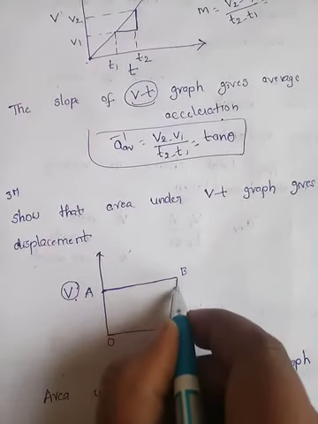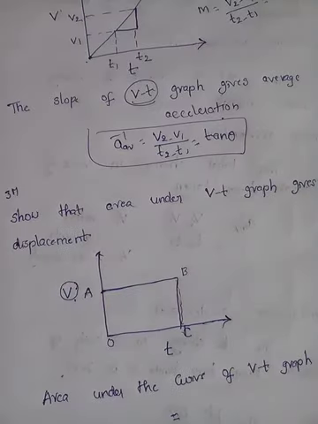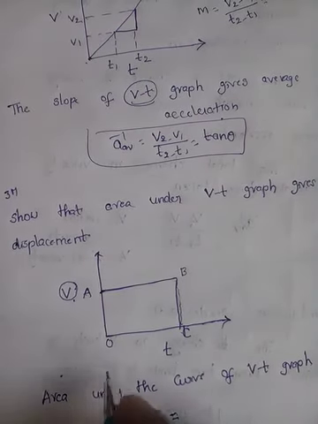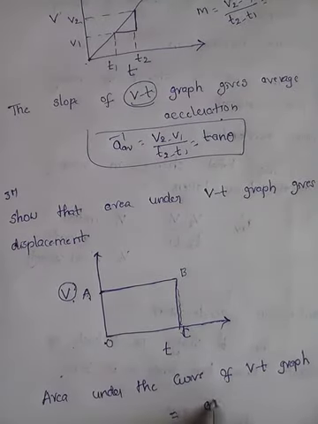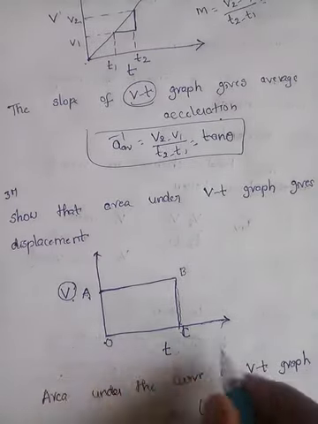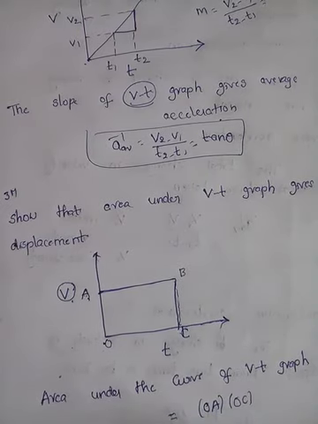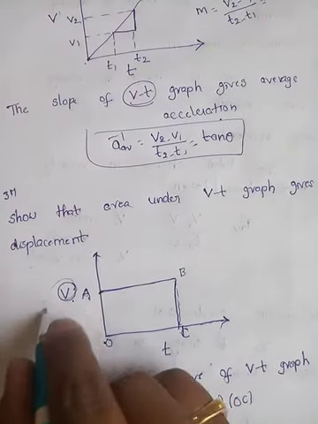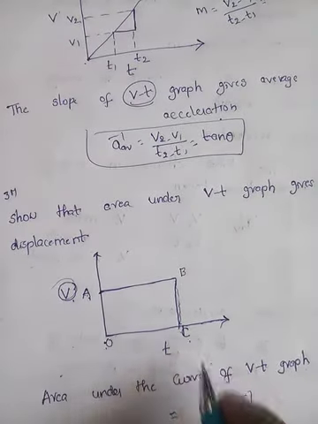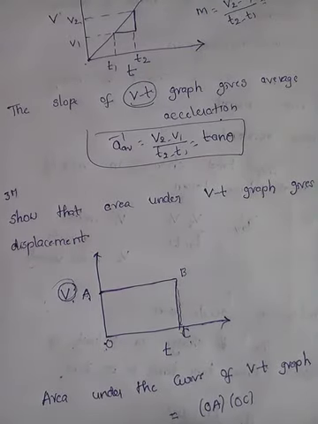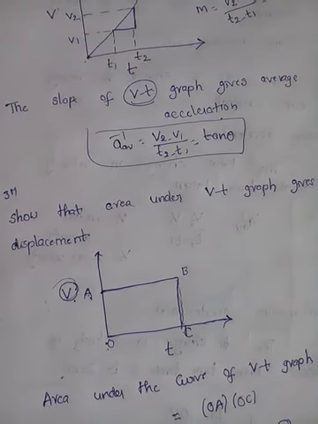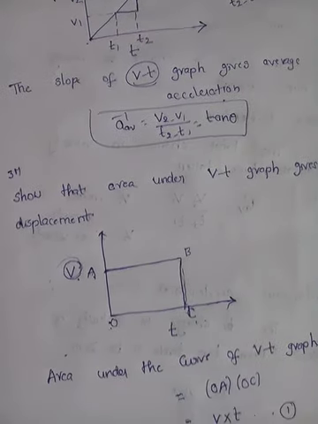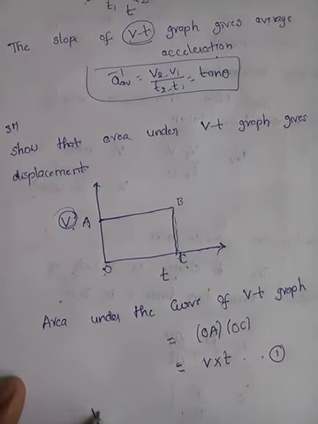This is the shape of a rectangle, and the area of a rectangle is length into breadth. The length here is OA and the breadth is OC. The value of OA is the velocity v, and OC is the time t. So the area under the curve of the VT graph is v into t.